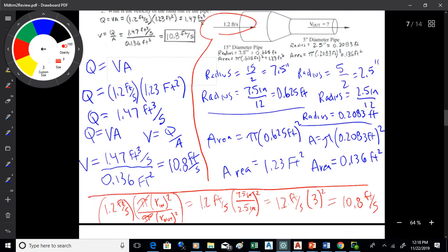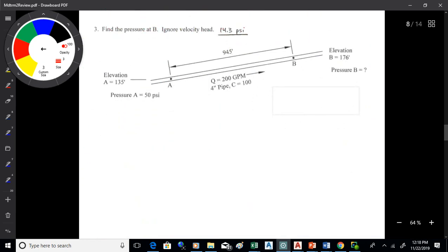All right, now the second one is a pretty standard kind of chart problem, okay? Apparently you have pressure gauges on this thing. The pressure here is 50 psi, and we want to find the pressure here. 200 gallons per minute, 4-inch pipe, C100.